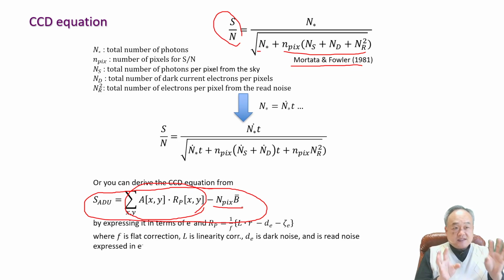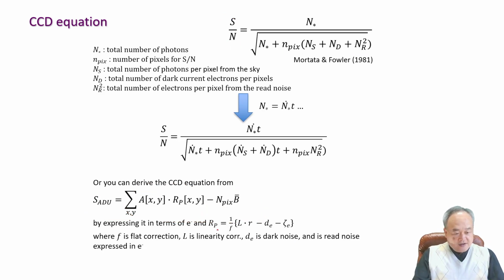In this case, the sky is the general inclusive term for every unwanted contribution. And the bottom expression is the mathematical expression of flat field, the pixel to pixel sensitivity variation, linearity correction, dark current, and then the read noises.